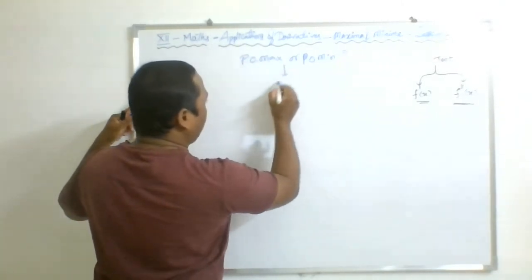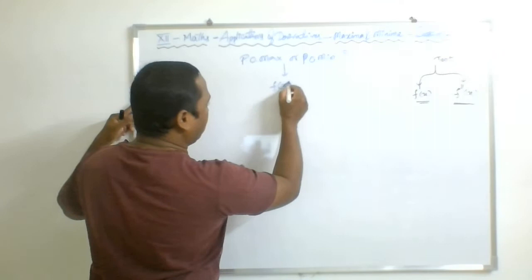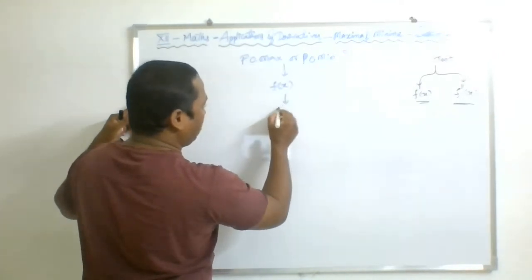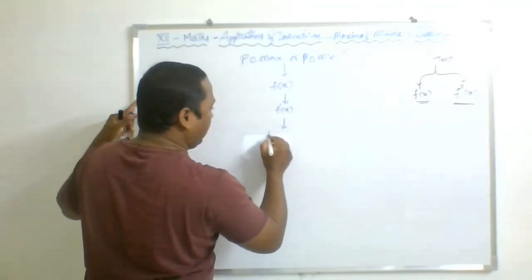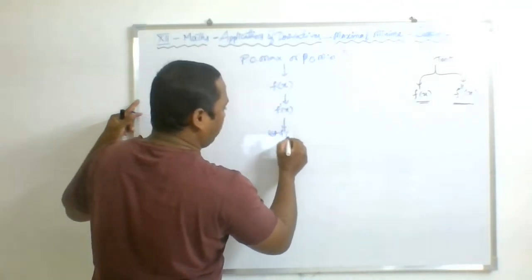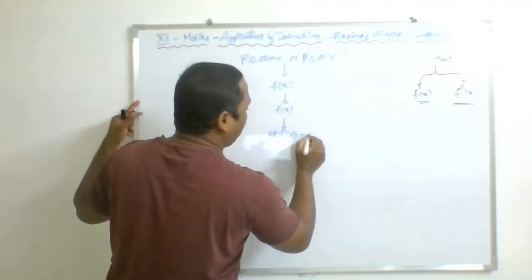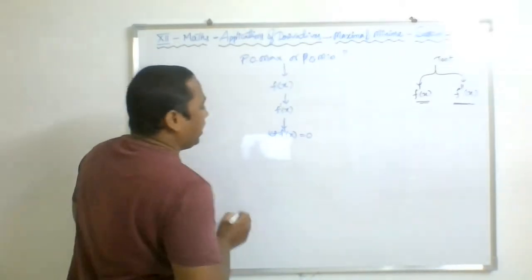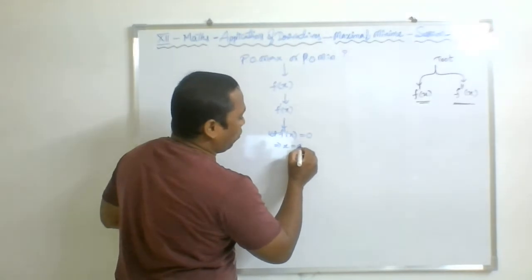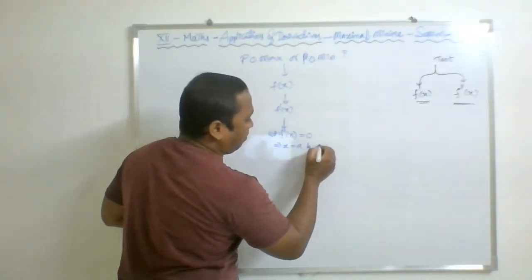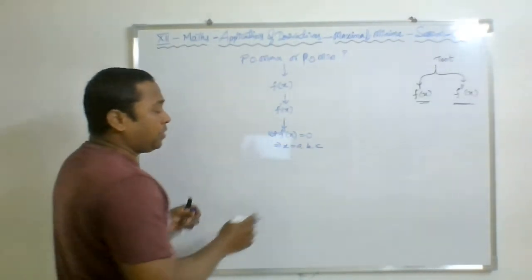For that, first we take the given function and find its derivative. Then we set the derivative of the function equal to 0, which gives us the turning points of the graph, like a, b and c.